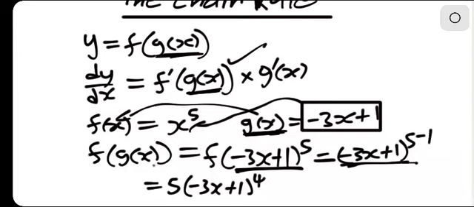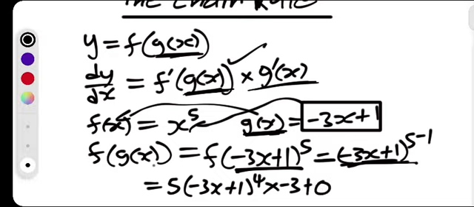Then you multiply by the derivative of the inside function, which is negative 3x plus 1. The derivative of negative 3x is minus 3, and the derivative of 1 is simply equal to 0.